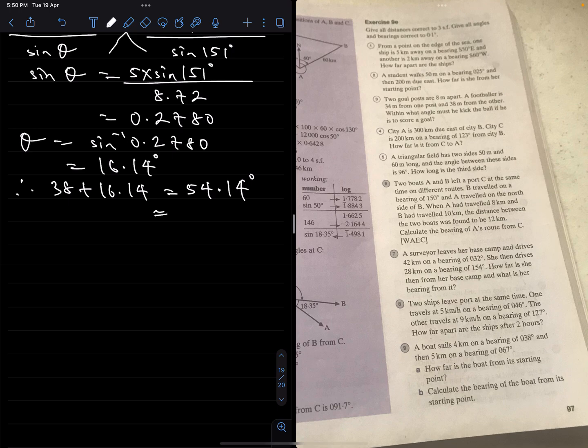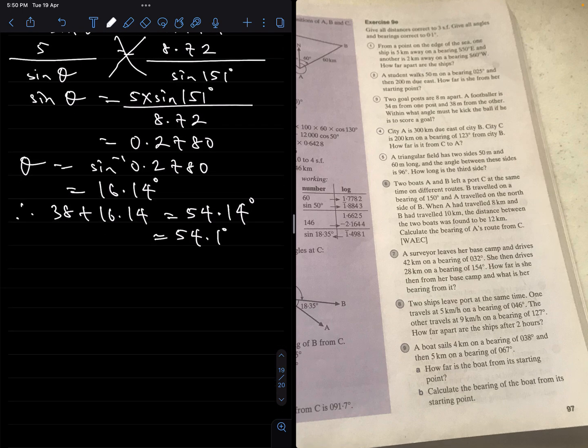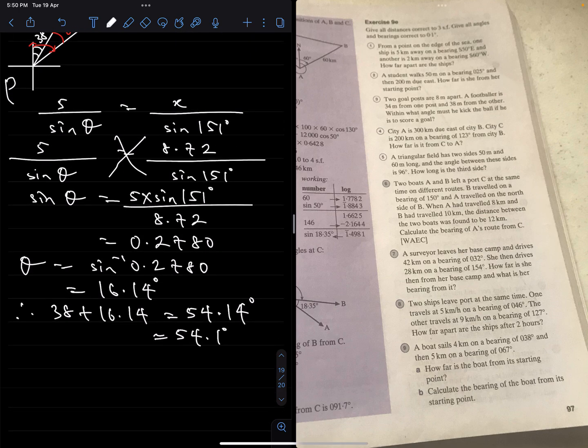They said we should approximate angles correct to 0.1 degrees. That's simply 54.1 degrees. So the bearing of the boat from its starting point is 54.1 degrees. That was a very simple one.